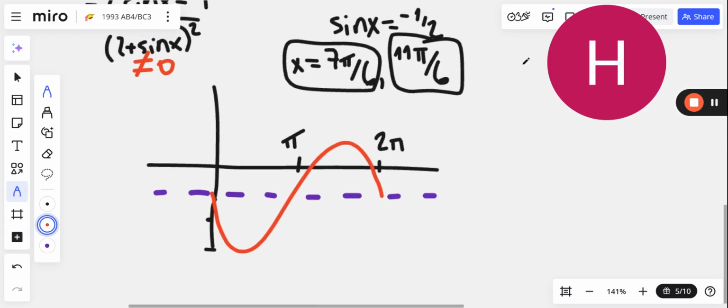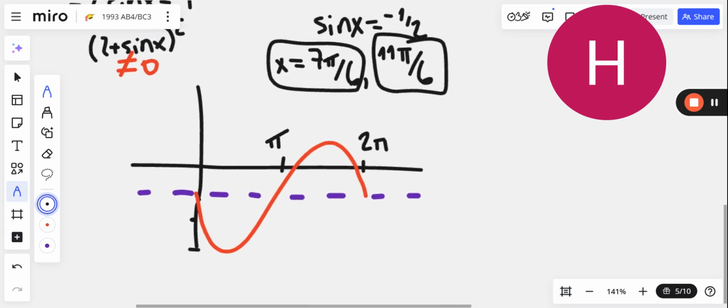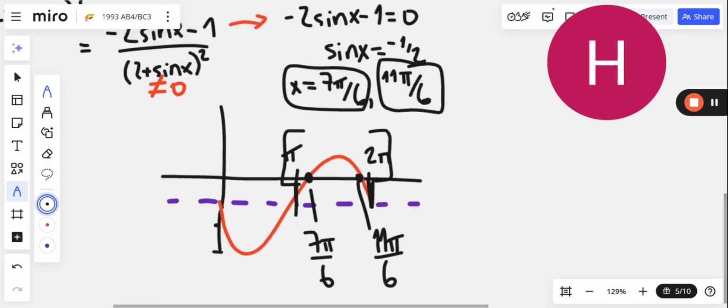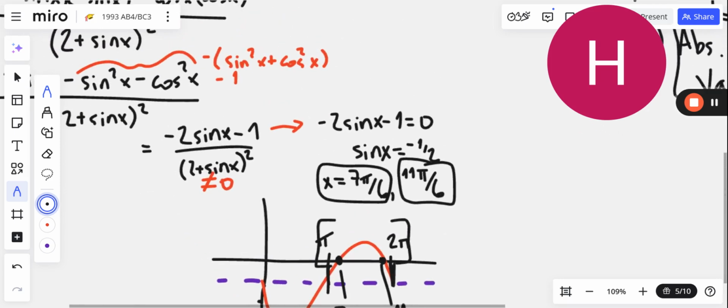So we're really just emphasizing this interval from pi to 2 pi, from right here to right here. Notice that it goes negative to positive. That happens at 7 pi over 6. And then it goes positive to negative. That happens at 11 pi over 6. Okay, so those are the x-coordinates.